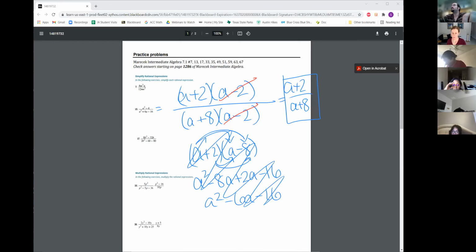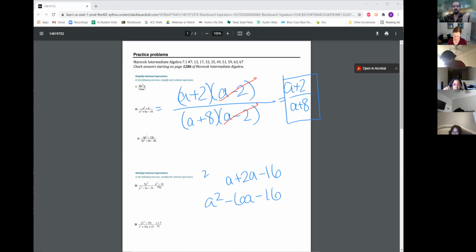I have a question. For number 13, at the bottom, I understand how you got that, but from when I factored the bottom out, could I use a plus 4 and then a minus 4 because of the negative 16?